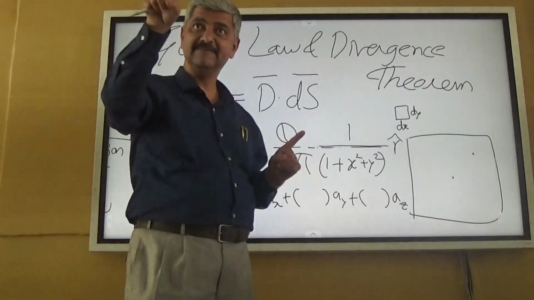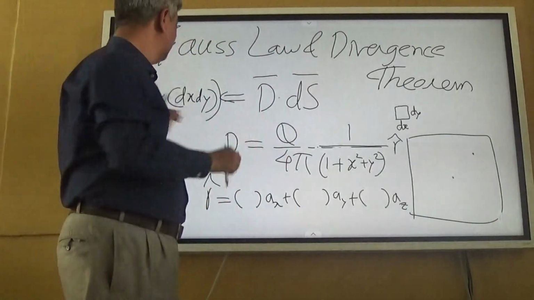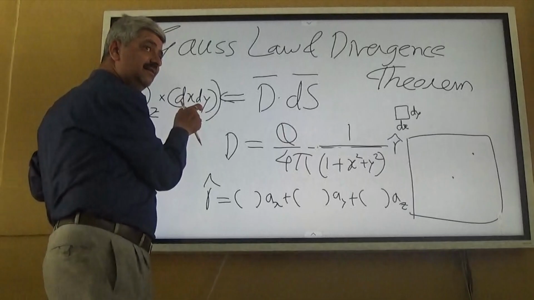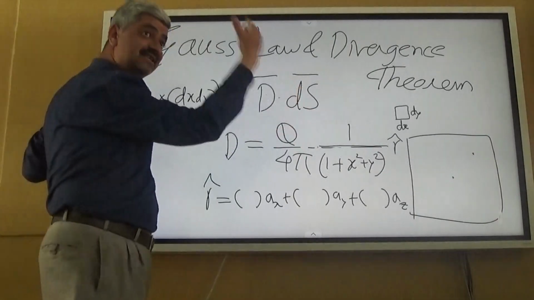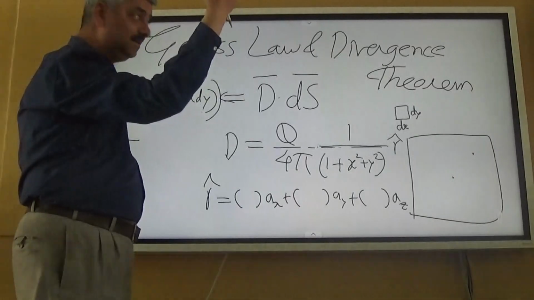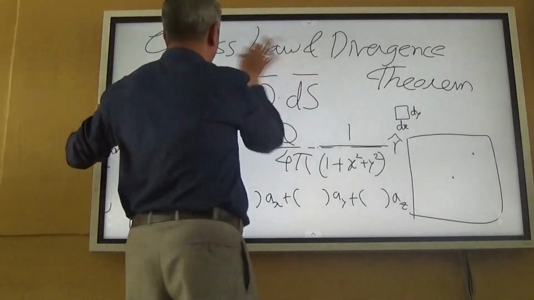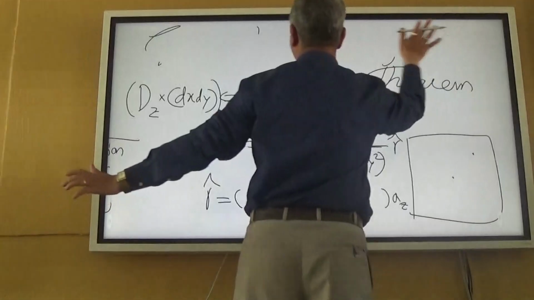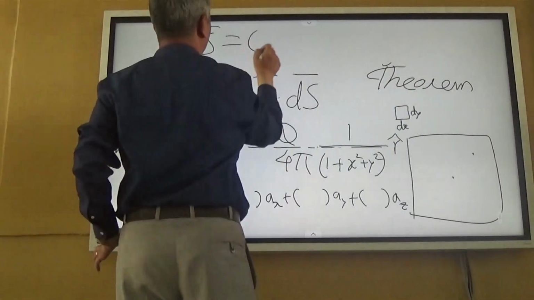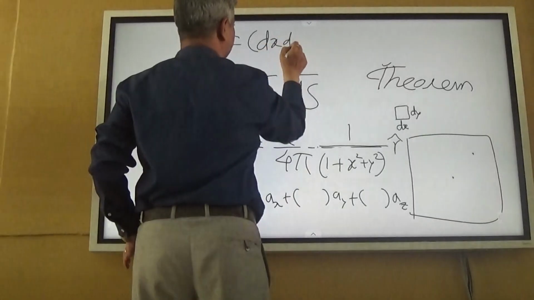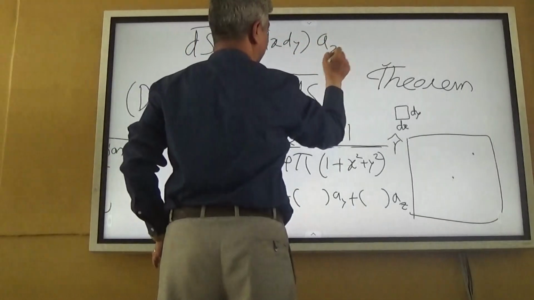Dx dy is the value of ds. Its direction is z. So to be very precise, ds vector is equal to dx dy into az.